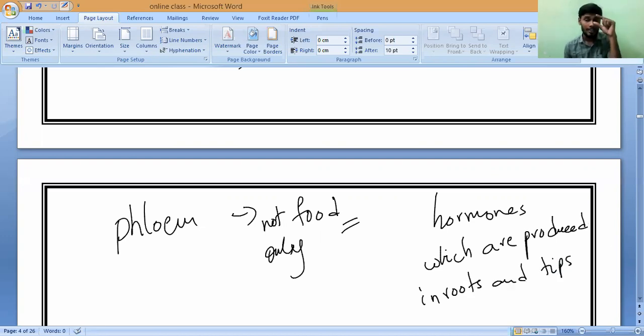Shoot tips means at the edge, the budding part. So this also should be transported. Hormones also should be transported, correct?